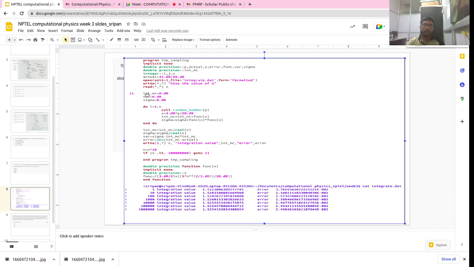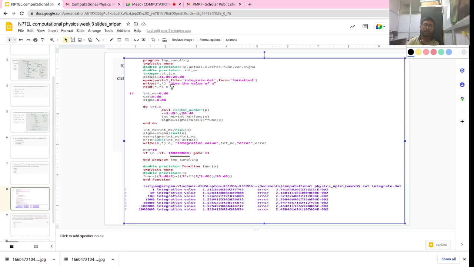And what we do later on is go to this particular line until n is less than this figure. So until n is less than this, we go to this 11th line, and we do this for each value of n.